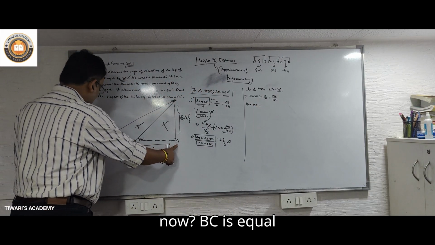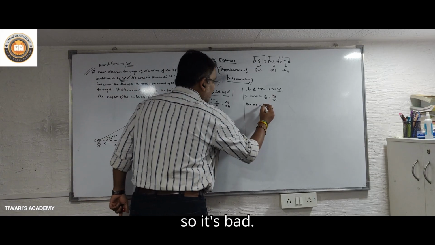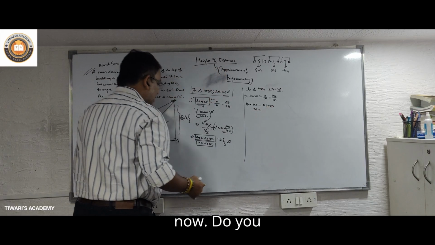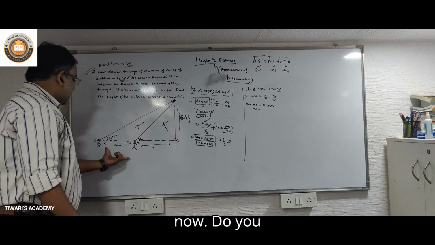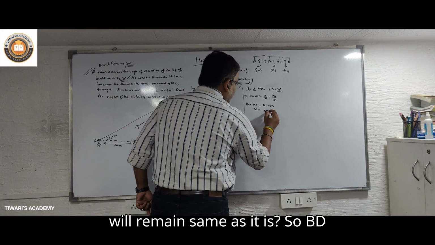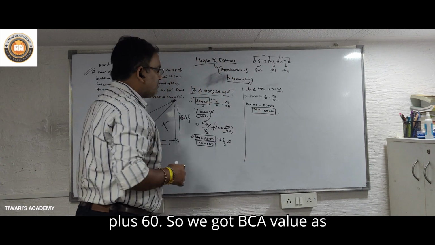BC is equal to CD plus BD, so it's BD plus CD. Now the value of CD is 60, and BD will remain the same. So we got BC as BD plus 60.